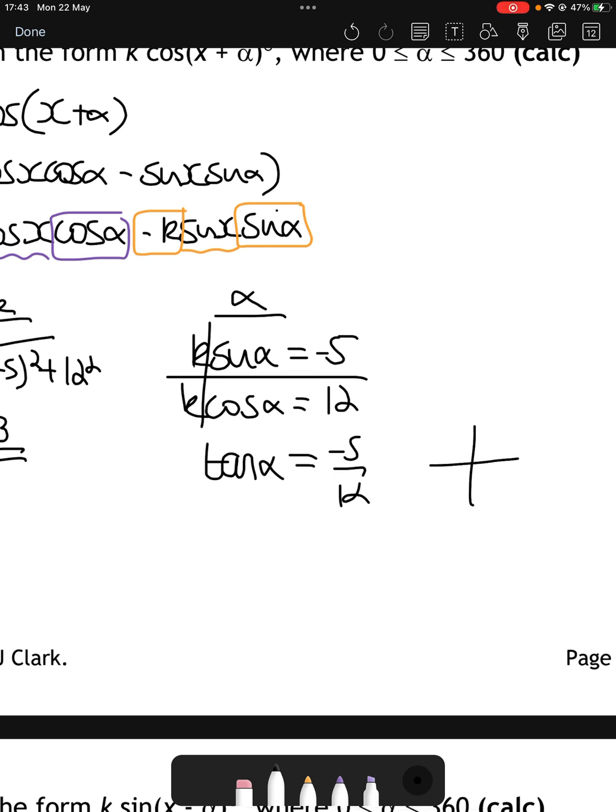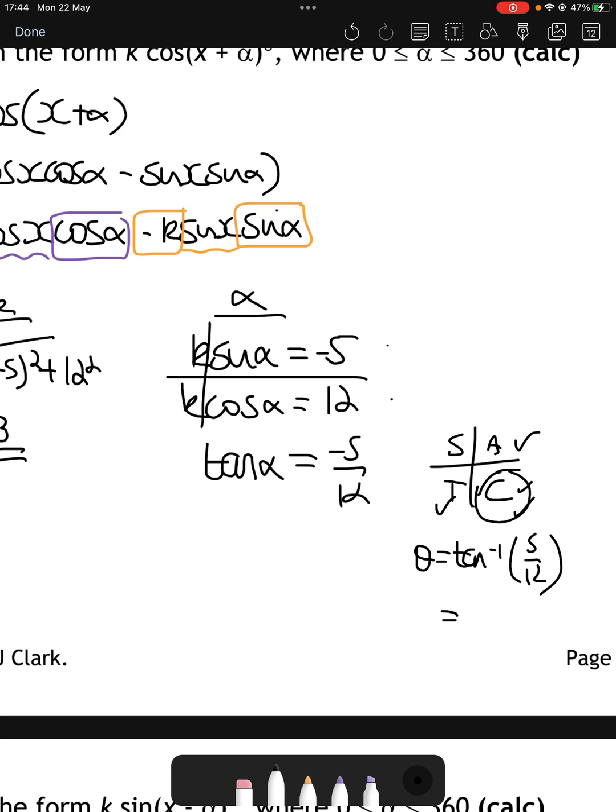Okay, so again, going back to these two. So sine is negative, where's sine negative there, and cos is positive there and there. So we're actually in this quadrant this time. So let's get our theta. And that gives us roughly 22.6. Okay, or 23.